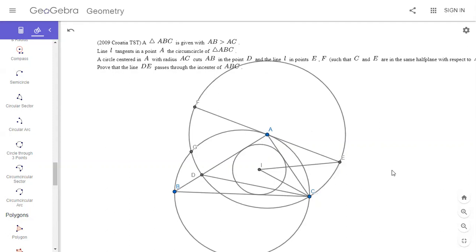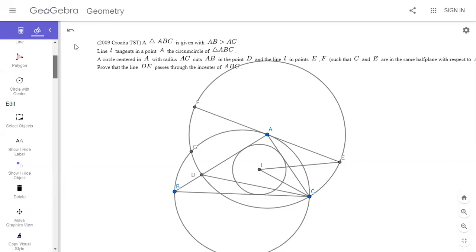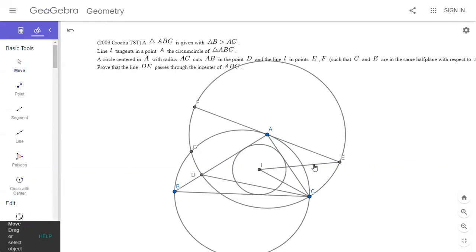So ADE is half of angle C, and ACI is half of angle C. ADE equals ACI. Ah, that's it. It's that simple. All right, so yeah, John figured it out. We don't need any cyclic quadrilaterals.